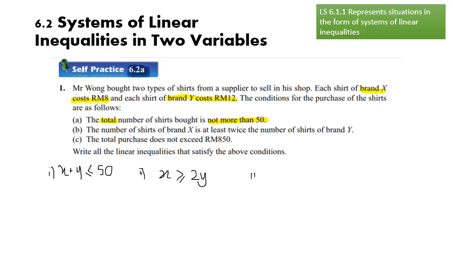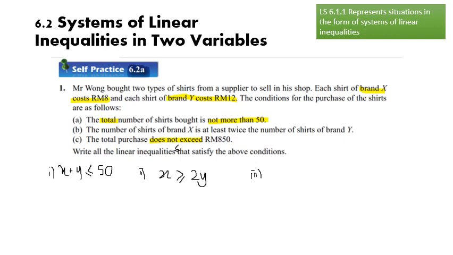Okay, yang ketiga. The total purchase does not exceed Rm850. So, bila dia kata does not exceed, maksudnya tak boleh lebih. Maksudnya kena kurang. Tapi boleh tak 850? Boleh. So, kena ada equal.